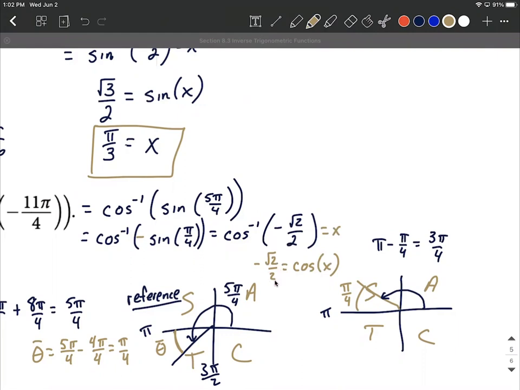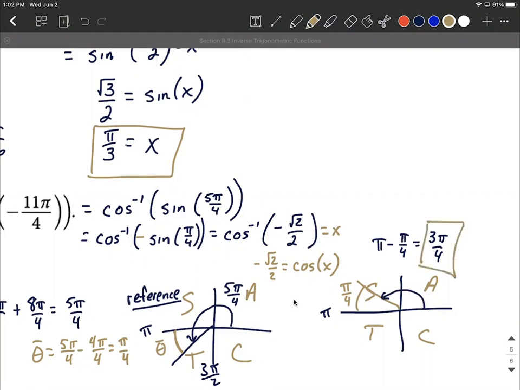What we're looking for is some angle that when we plug it into cosine is going to produce a negative ratio. We can't use the fourth quadrant, just based on how inverse cosine works. So we have to use the second quadrant and place this pi over 4 in the second quadrant as a reference angle and calculate this angle. Our overall solution here is going to be 3 pi over 4.